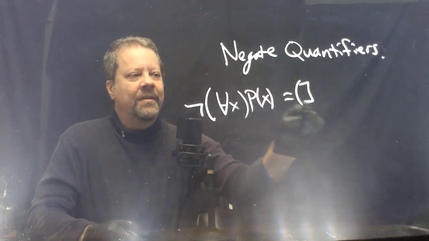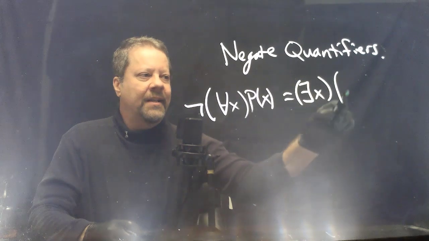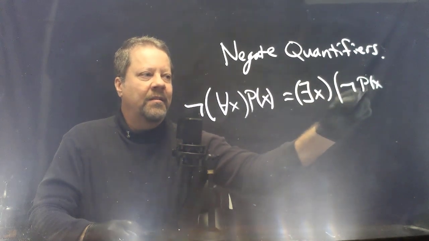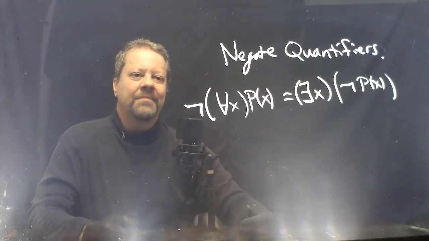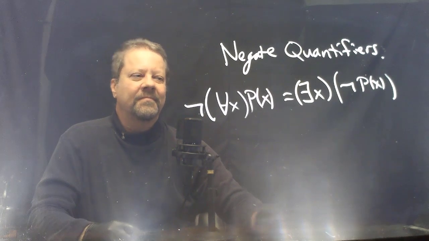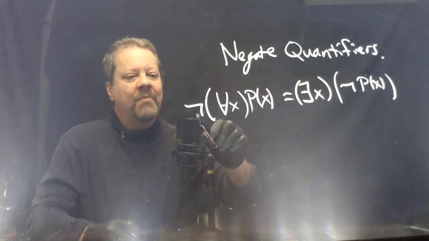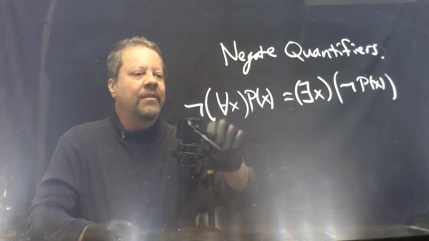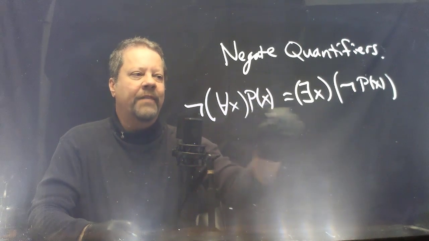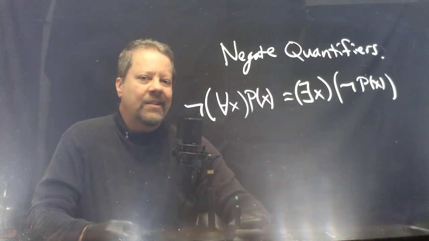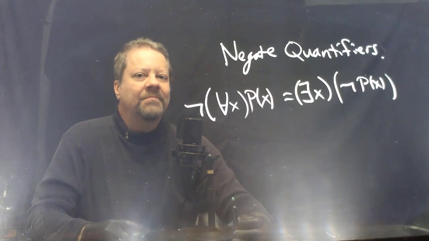In other words, there exists x such that it is not true that P of x is true. So we can pass the negation through the universal quantifier, but it converts it into an existential quantifier.